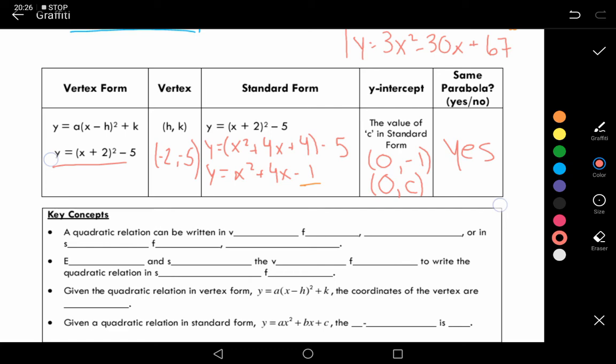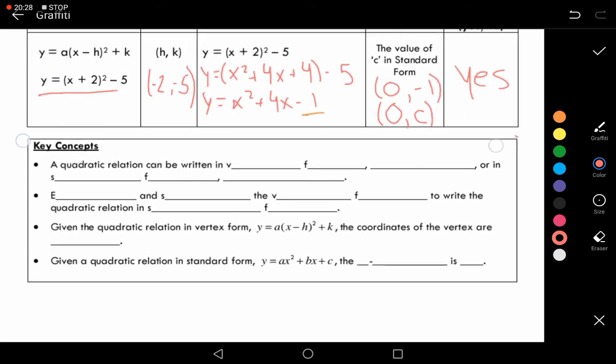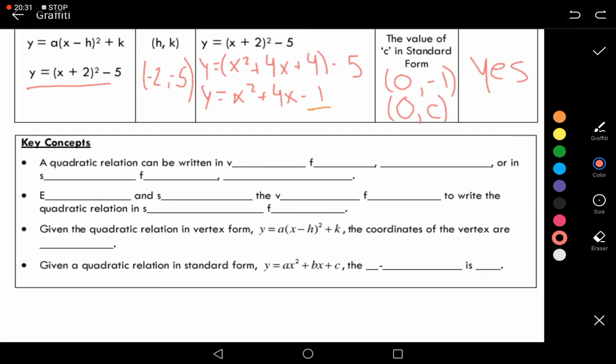Okay, almost done. Just a quick couple key concepts here. So a quadratic relation, and this is a lot of filling in the blanks, so I'm going to try to write it as neat as possible. A quadratic relation can be written in vertex form, which is y equals a(x minus h) squared plus k, or in standard form.